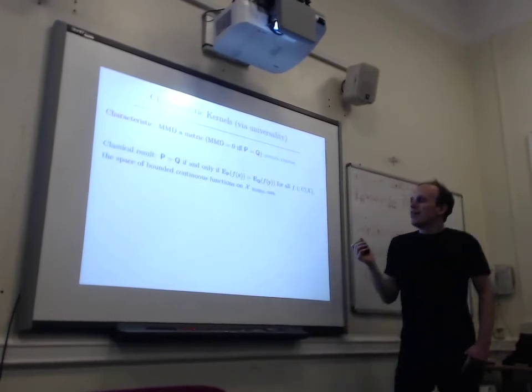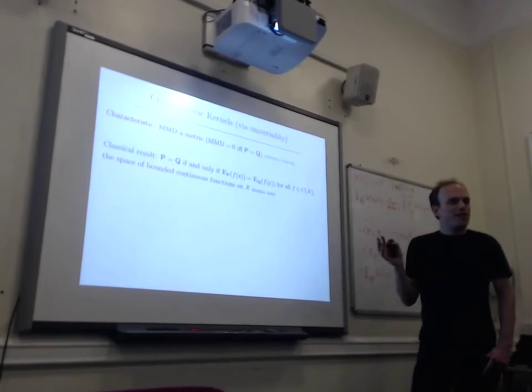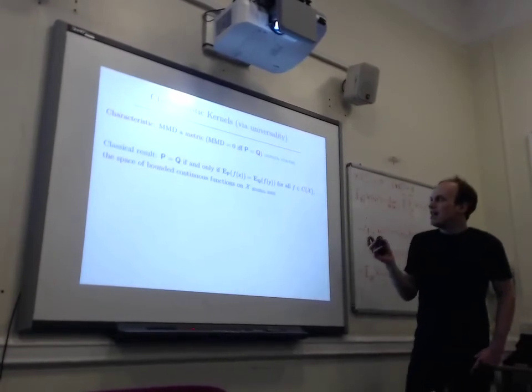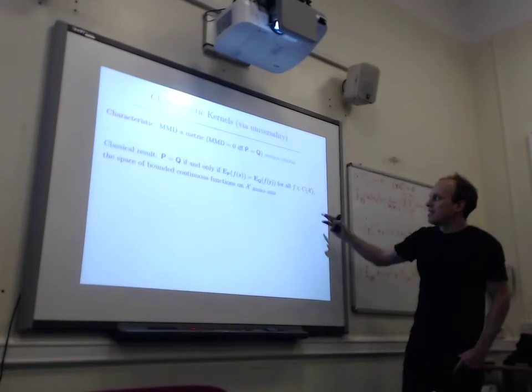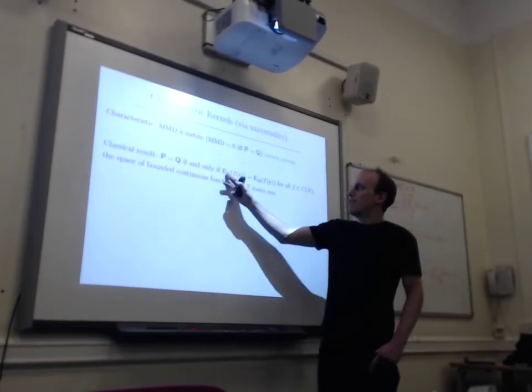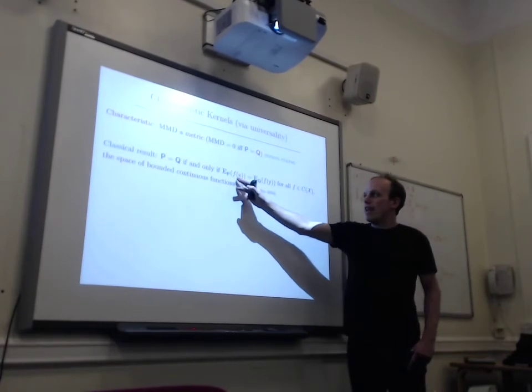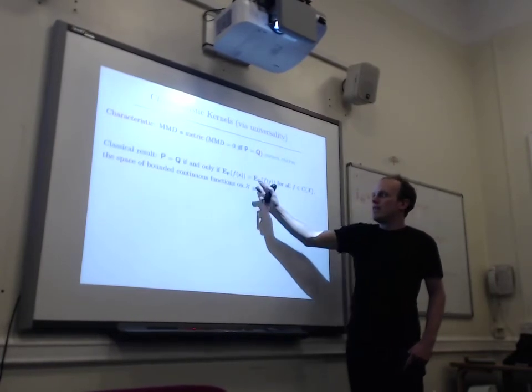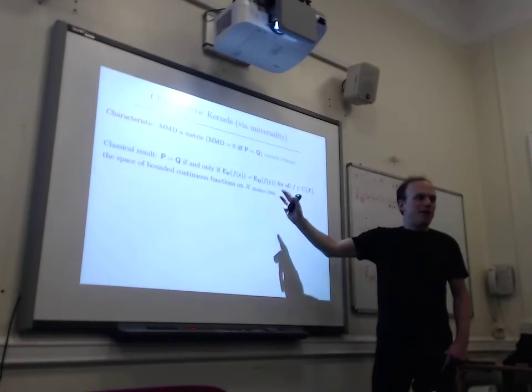Now, what we've seen already from classical statistics is that there is a class of functions for which P and Q are the same if and only if the expectation of every function in that class under P and Q are the same, and these are the bounded continuous functions.